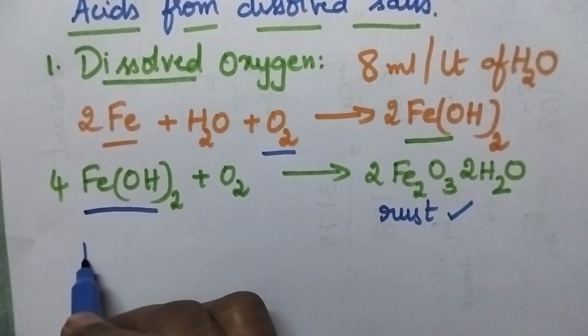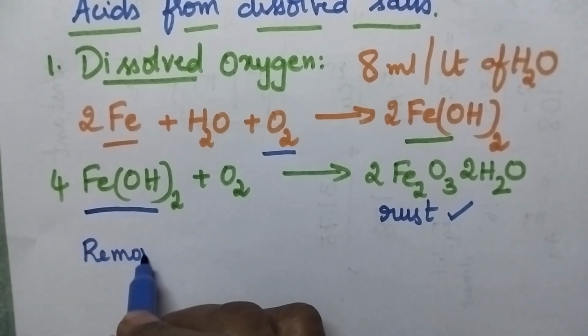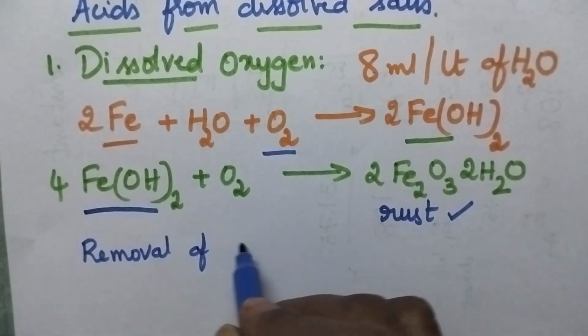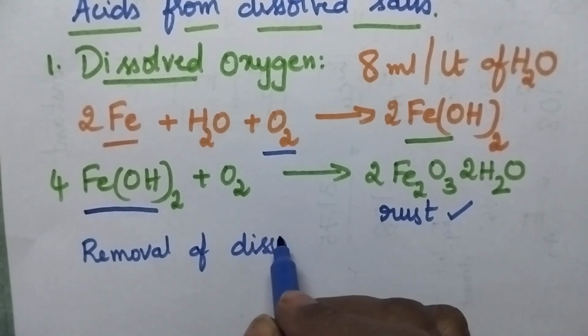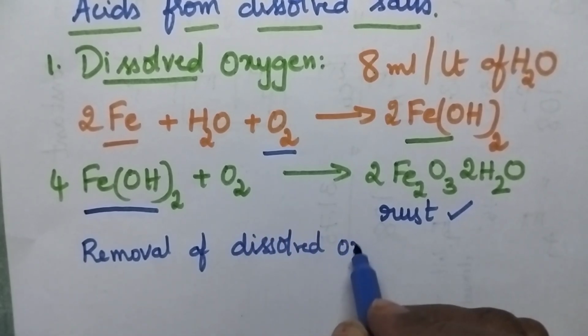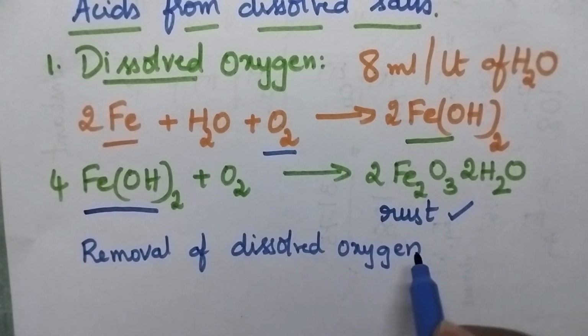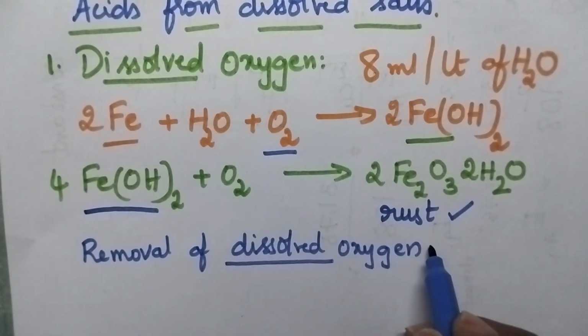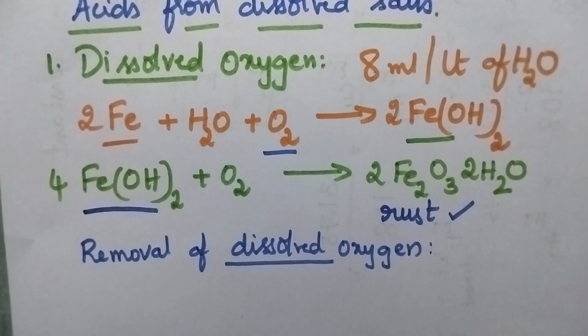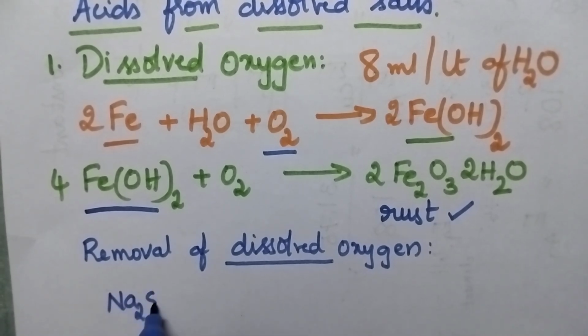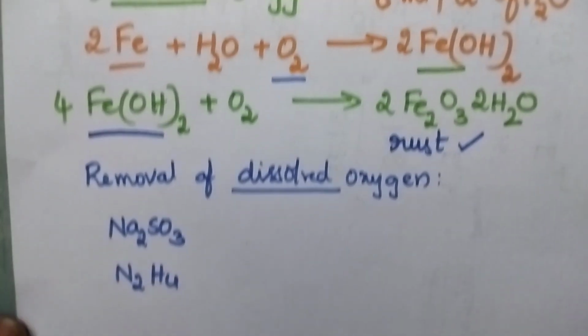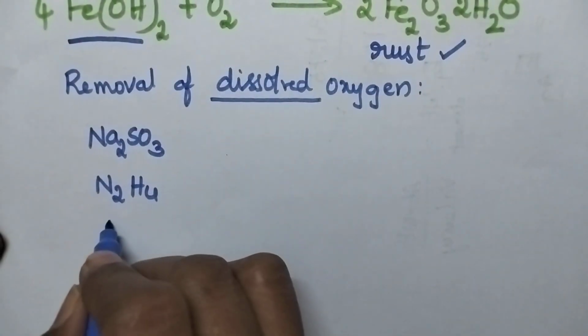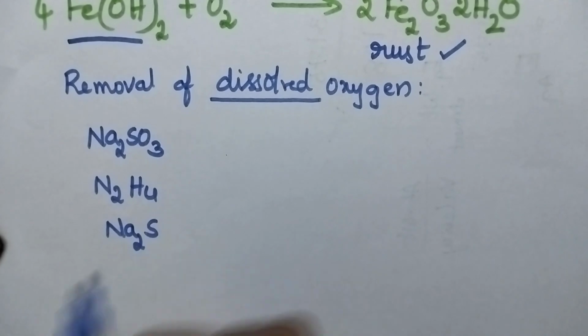Then, how to prevent boiler corrosion? Simply by the removal of dissolved oxygen, we can prevent boiler corrosion. For that purpose, we can use sodium sulfite or hydrazine, or we can also use sodium sulfide.